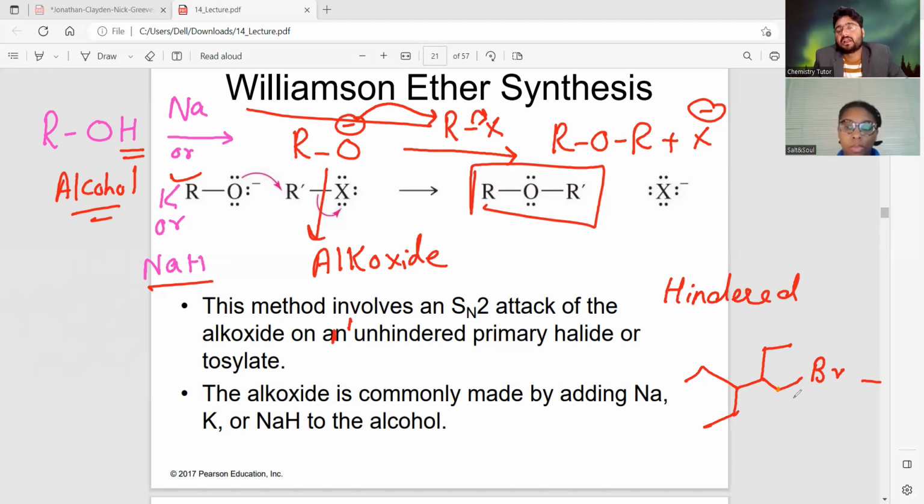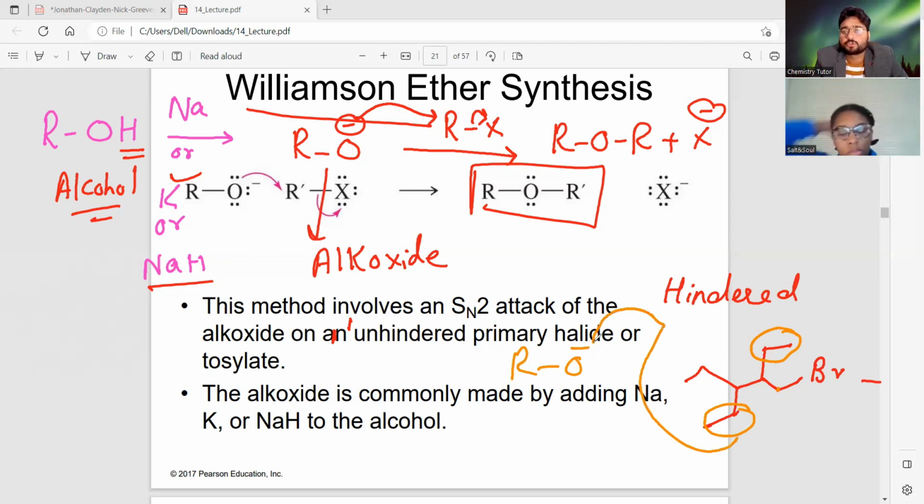Although this is a primary alkyl halide, it still does not give you ethers. Why? Because this primary alkyl halide is sterically hindered. These bulky groups would not allow this alkoxide to approach this carbon. They will create steric hindrance.